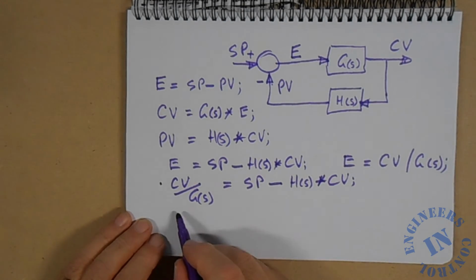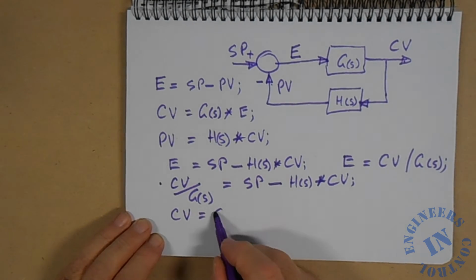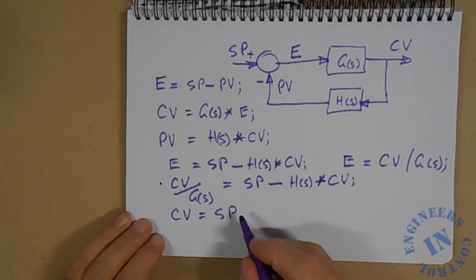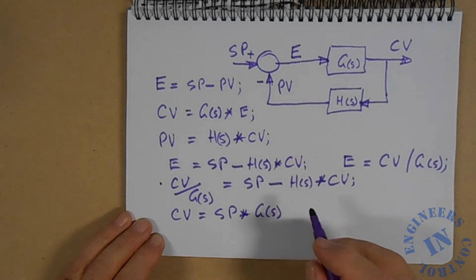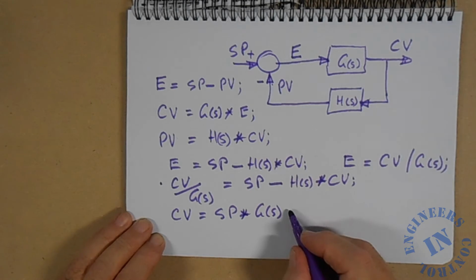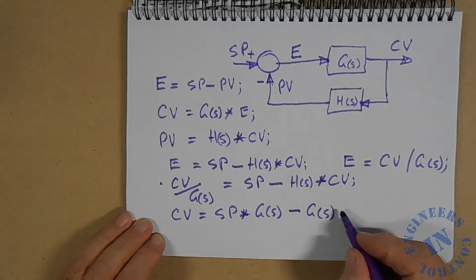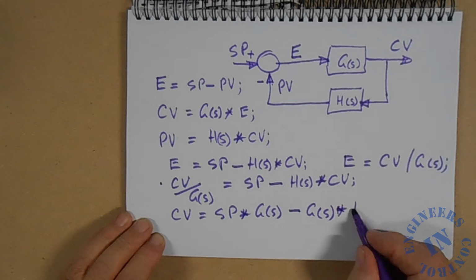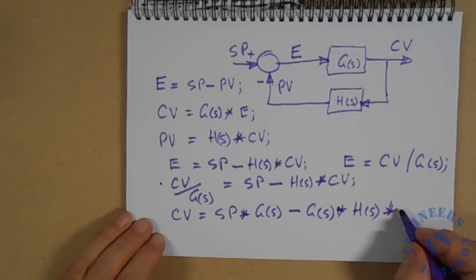So CV equals the set point multiplied by G(S) minus G(S) multiplied by H(S) multiplied by CV.